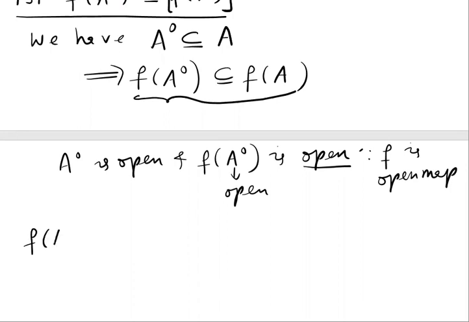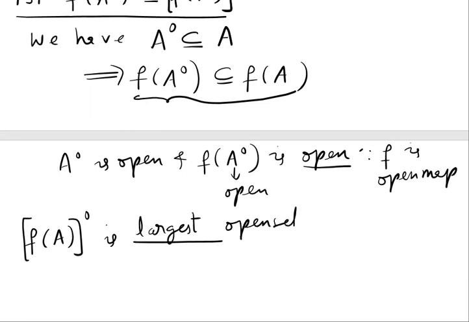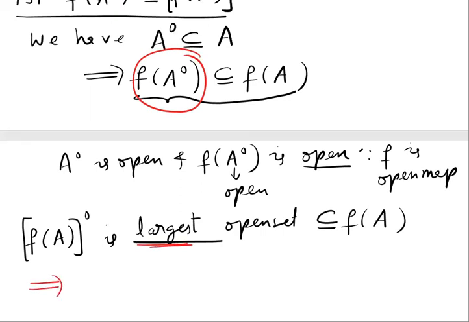F of A whole interior is the largest open set contained in F of A. This is the largest, and this is one of them, an open set contained in F of A. So which one will be contained in which?